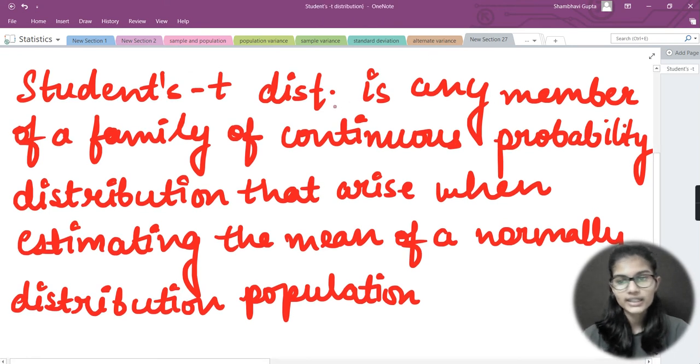So the first thing we can say is that it is a member of a family of continuous probability distributions. And the second condition is that it arises when estimating the mean of a normally distributed population. This is what we can say about Student's t-distribution as an intro.